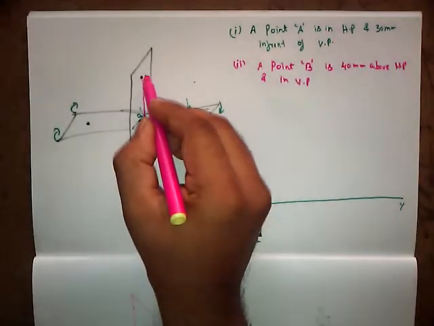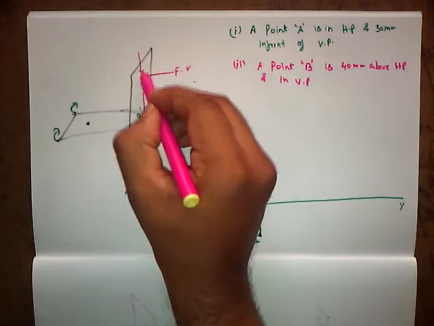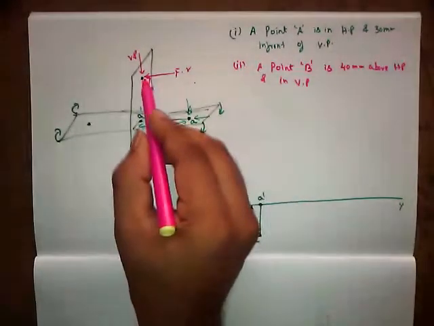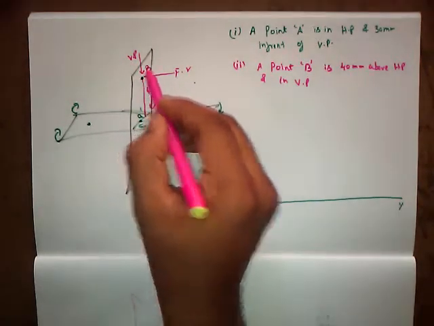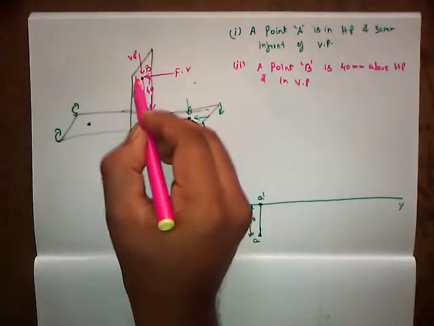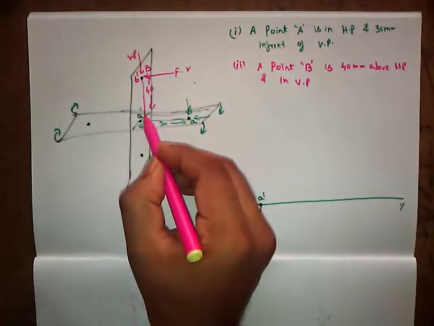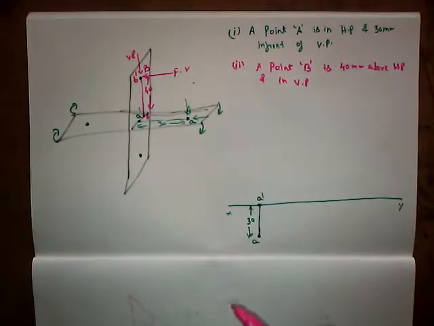So we need to view horizontally, it is our front view, and we need to view vertically, it is our top view. If I view the front view, the point is here itself, and the name of the point is capital B, so the front view is going to be over there itself, B dash. And if I view the top view, it is going to be projected onto the XY reference line, that is going to be small b.